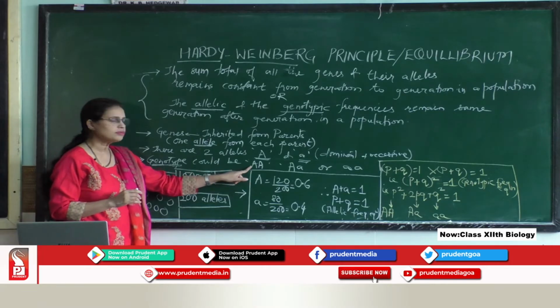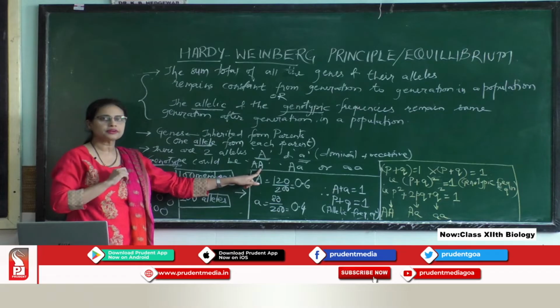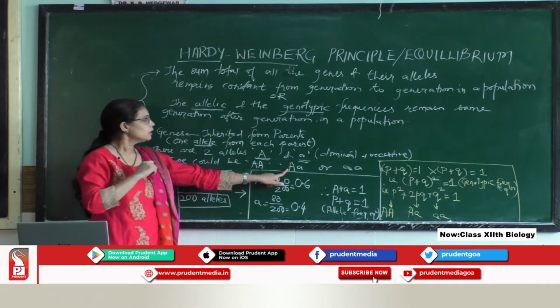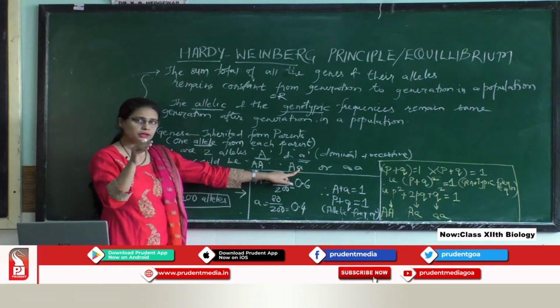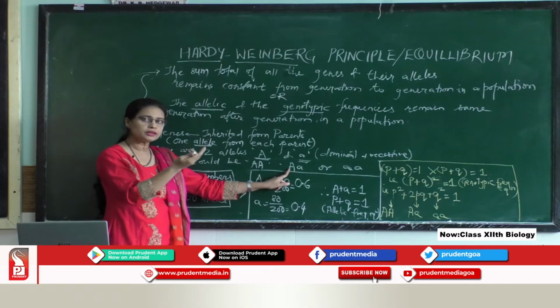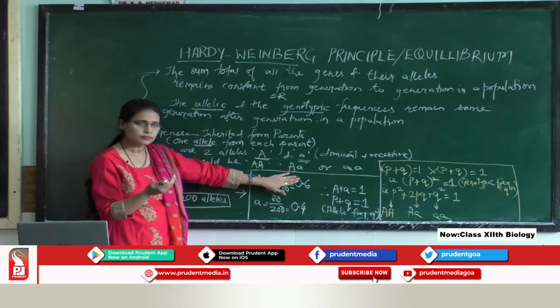You may receive a dominant allele from the mother and a dominant allele from the father, or a dominant allele from the mother and a recessive allele from the father, or a dominant allele from the father and a recessive allele from the mother. So there are 2 ways of getting this condition.